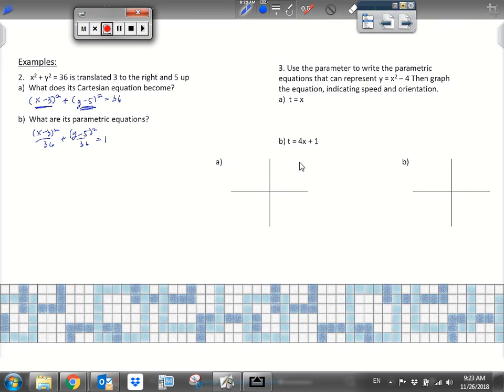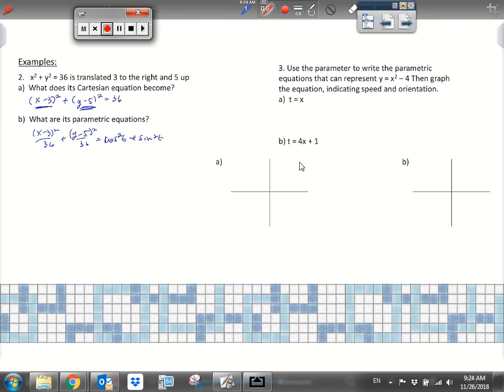Now I'm going to turn that 1 into cosine squared plus sine squared. The variable that I want to use with the cosine and sine is a t. So I'm going to turn that into cosine squared t plus sine squared t. And I'm going to match the pieces up. Now this is kind of important. Students were having a hard time with this earlier.